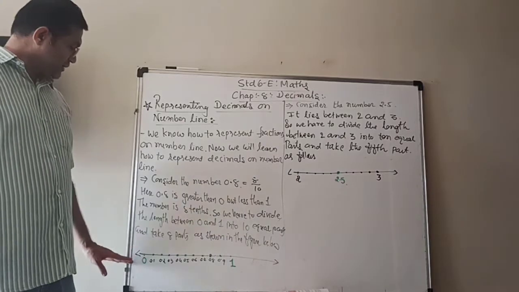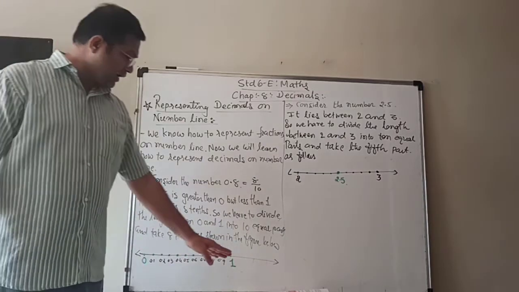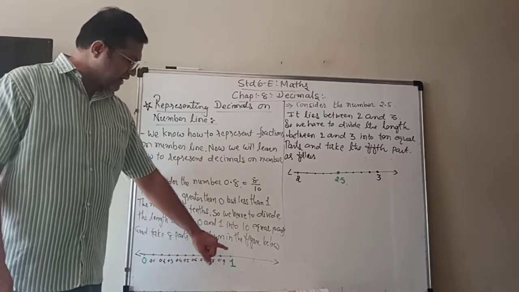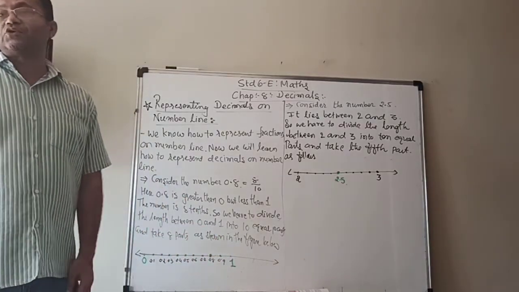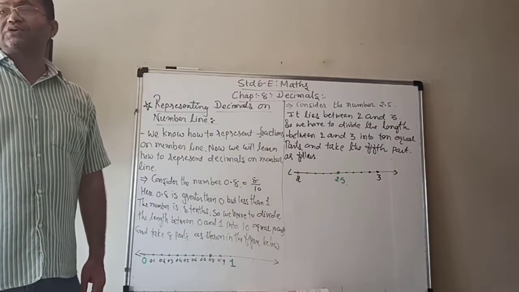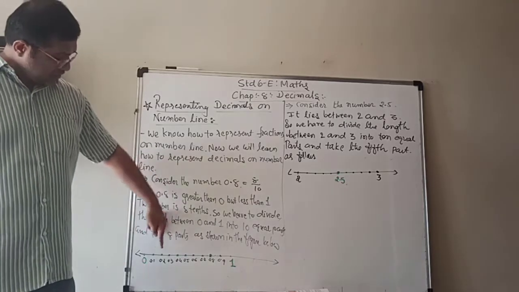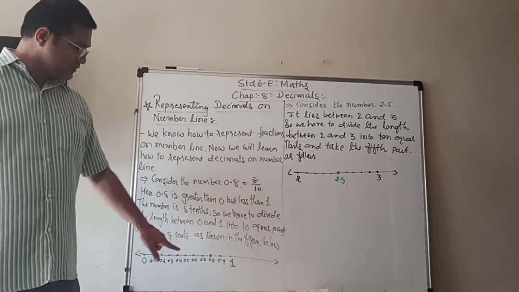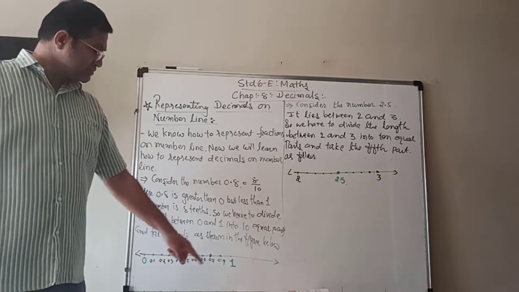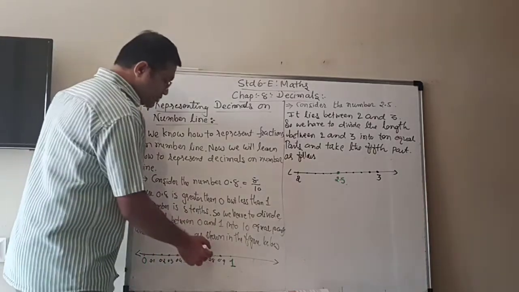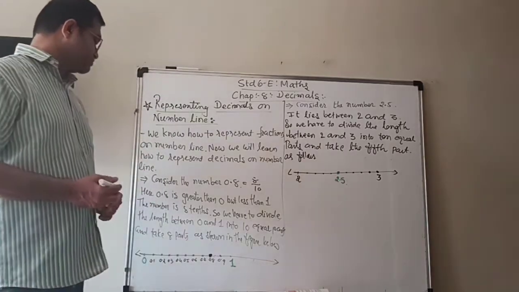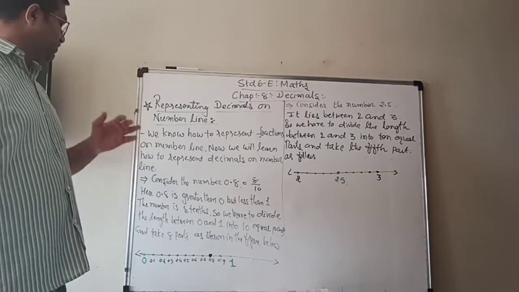So now, as you saw, between 0 and 1, I make 1, 2, 3, 4, 5, 6, 7, 8, 9 and 10 parts. So now I have to consider the 8th part. So here first one is 0.1, 0.2, 0.3, 4, 5, 6, 7 and this 8th part is 0.8. So I represent it here as 0.8.